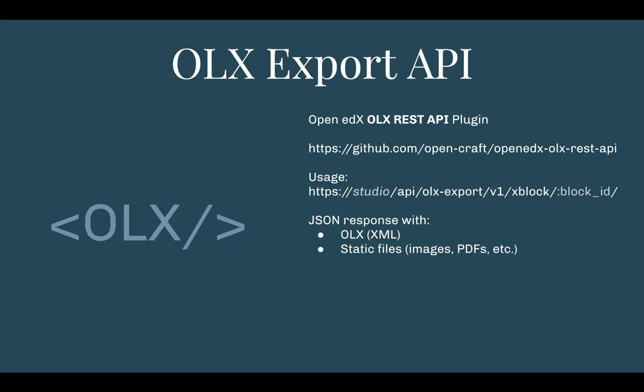It provides one new endpoint, which is a get endpoint, and you just pass in the ID of any XBlock in a course, and it will spit out the XML for that XBlock, as well as a list of any image files or PDFs or other static files referenced by that XBlock. So this is an easy way to export content out of ModuleStore and import it into Blockstore, or otherwise access specific XBlocks in ModuleStore courses.